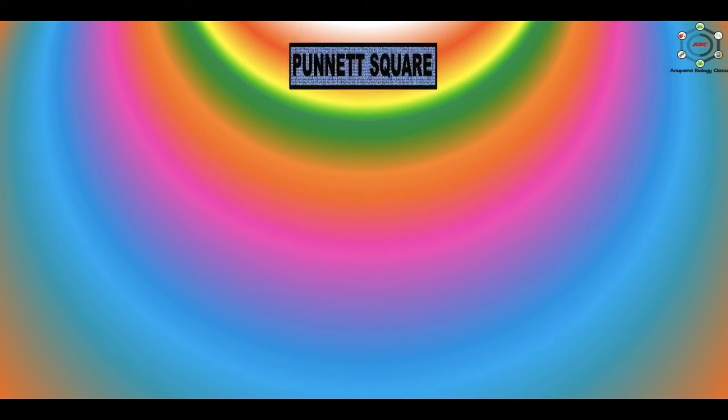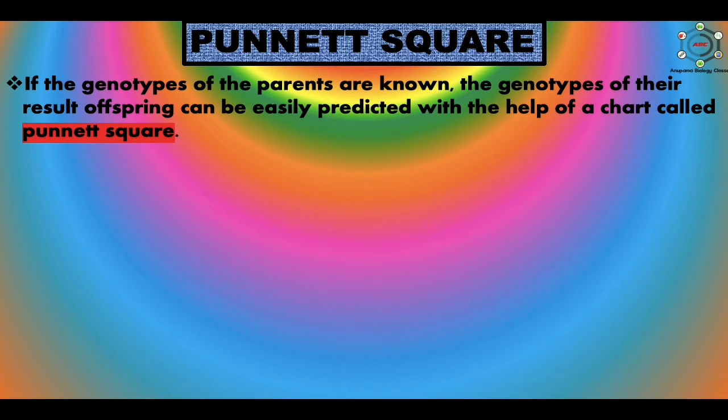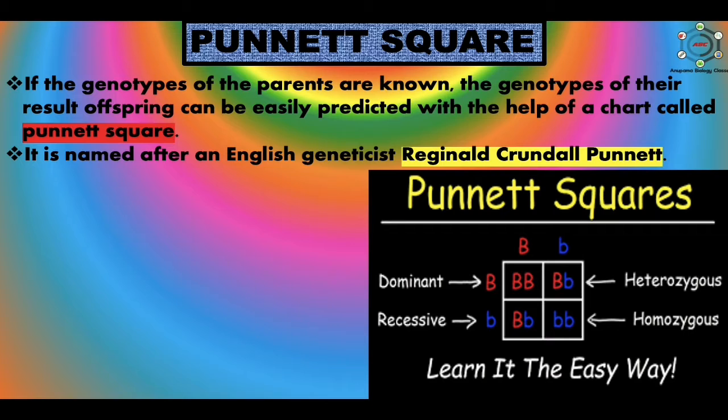Now, the Punnett square. If the genotypes of the parents are known, the genotypes of their offspring can be easily predicted with the help of a chart called a Punnett square. It is named after an English geneticist, Reginald Crundall Punnett. Its advantage lies in minimizing the errors which can creep in when listing all possible combinations of gametes.